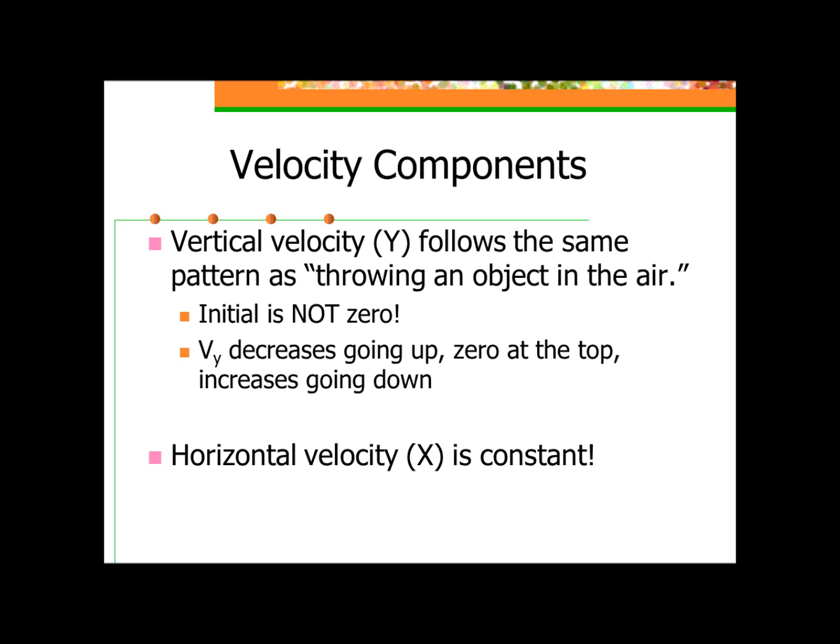So the initial is not 0. The same happens for a projectile that is projected at an angle: the vertical velocity is going to decrease on the way up, hit 0 at the top, and then increase on the way back down. The horizontal velocity will stay constant.